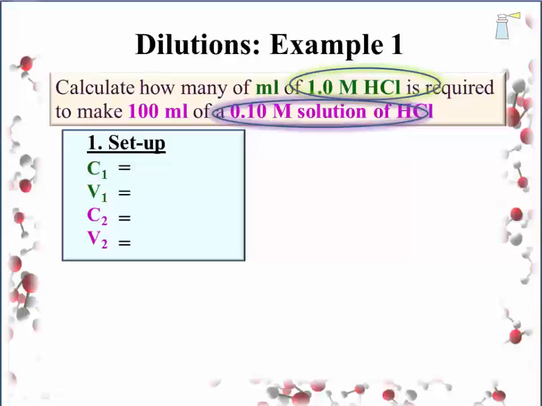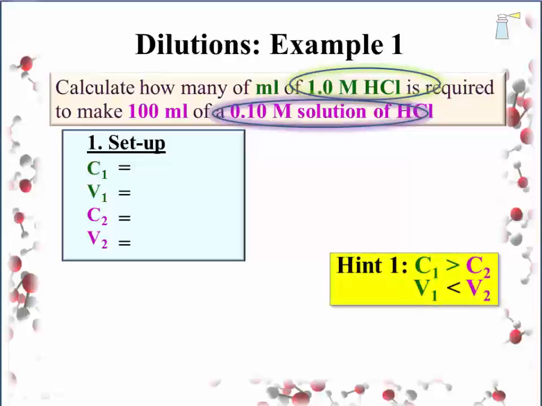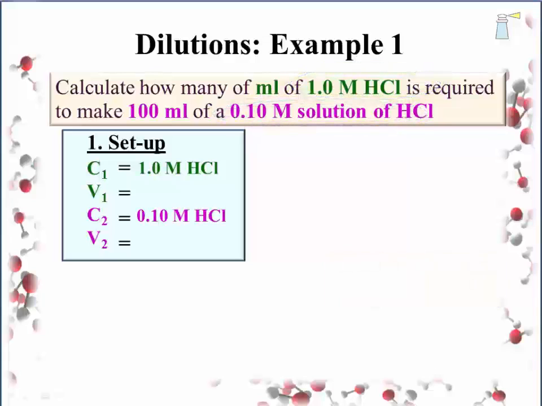This brings up the first helpful hint in solving dilution problems. C1 is always bigger than C2, and V1 is always smaller than V2. We can add the smaller concentration to C2 and the larger to C1. What about volume? There is 100 mL.